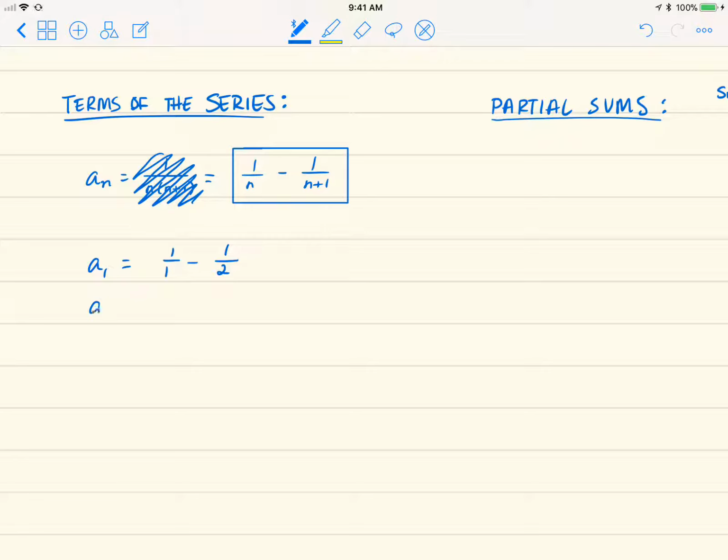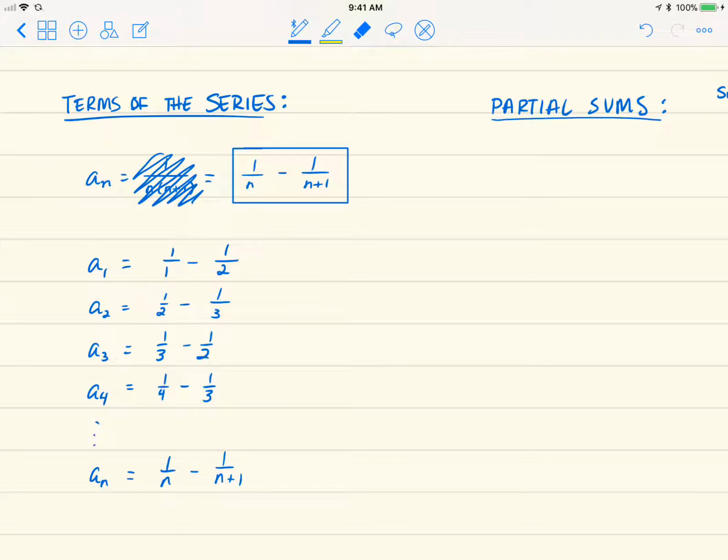So that's why you'll see me doing this. A sub 2 is going to be 1 over 2 minus 1 over 3. A sub 3 is going to be 1 over 3 minus 1 over 2. A sub 4 is 1 over 4 minus 1 over 3. And dot, dot, dot. A sub n, 1 over n minus 1 over n plus 1.